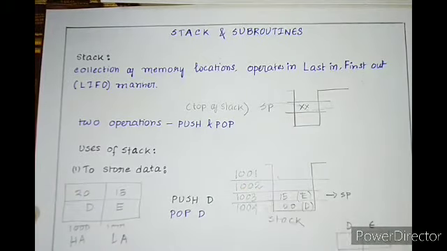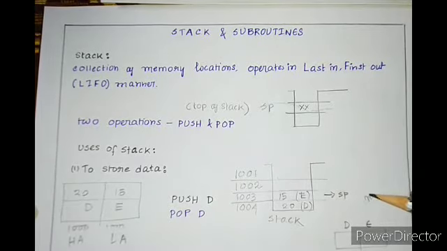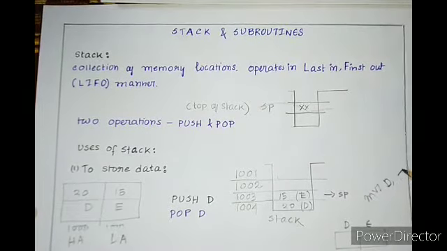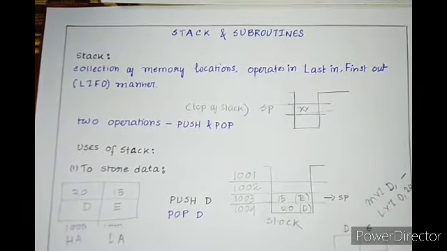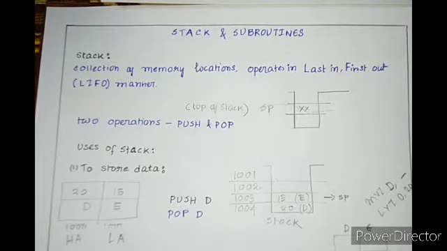As you can see, I have used a register called DE. Now I can store data in the register by just writing MVI D comma something or LXI D comma 2015, right? But what is the problem if I store data in registers and not in stacks?